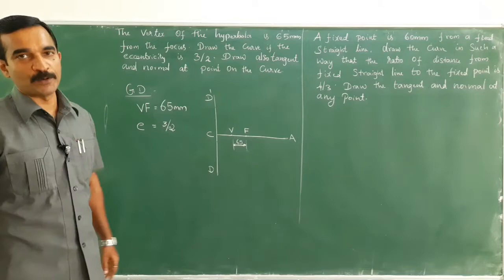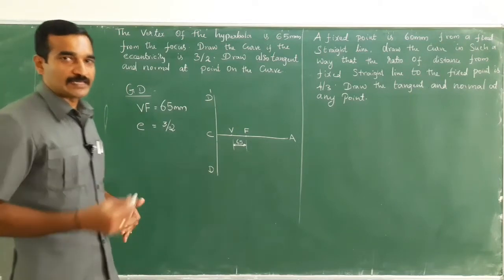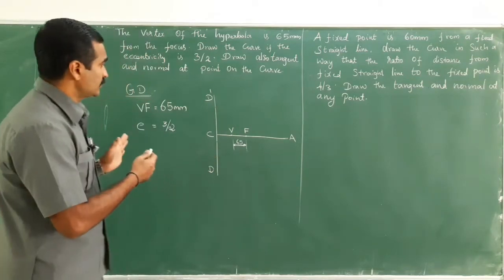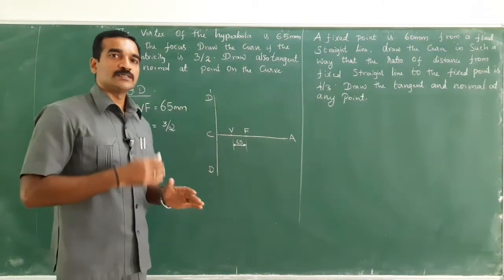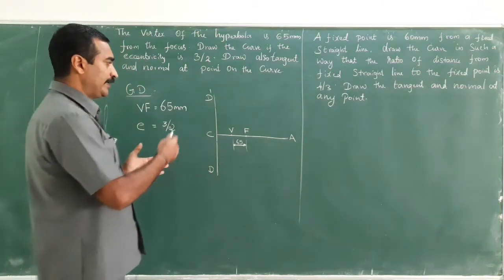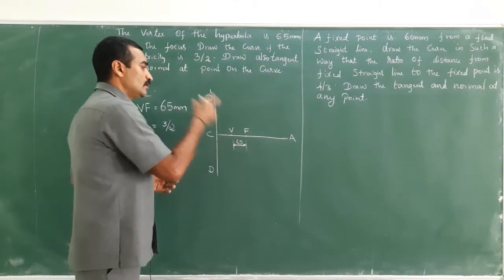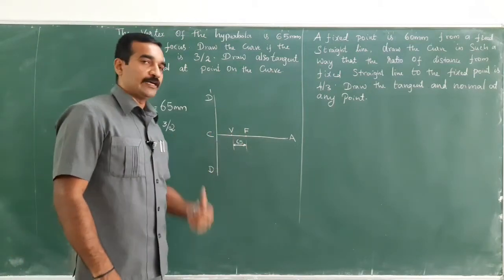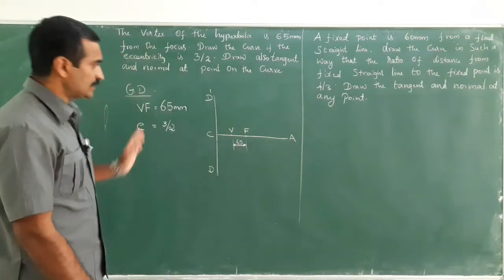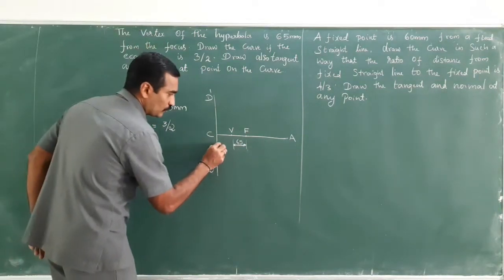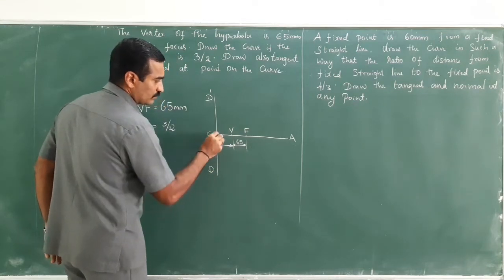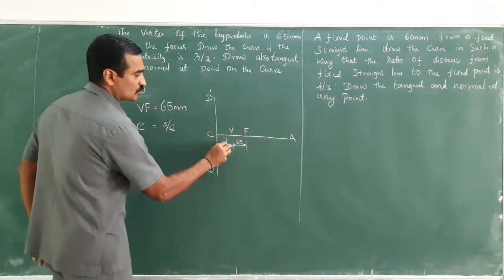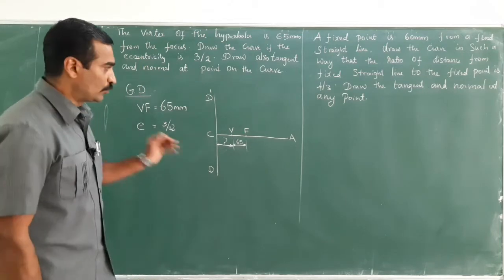How could this be possible? In the previous lecture videos, the distance CF was given, so immediately I could place F from C. In this case, I need to find the distance from C to V first.